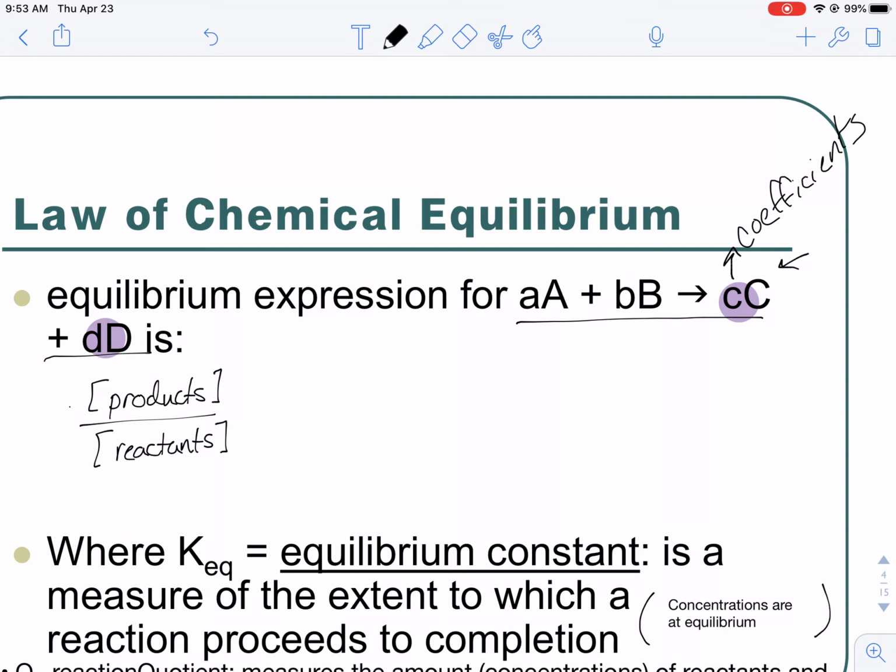So if I'm going to write this generic expression, it would be capital C, and then the little c, the coefficient, will be the power of C. Then capital D to the power of little d, over the concentration of reactant A to the power of little a, times the concentration of B to the power of little b. That's how you write an equilibrium expression.